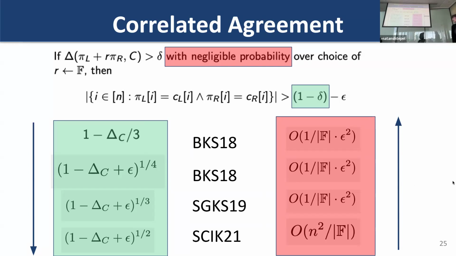I'm a little bit confused about what's the big math statement. Oh, it's okay. This is one way to talk about correlated agreement. It's saying that if the distance of the linear combination is greater than delta with negligible probability, which is to mean that it has high agreement with overwhelming probability over choice of R, then the number of elements in N for which pi_L and pi_R agree with the codeword in those same places is greater than this, so we get high correlated agreement.